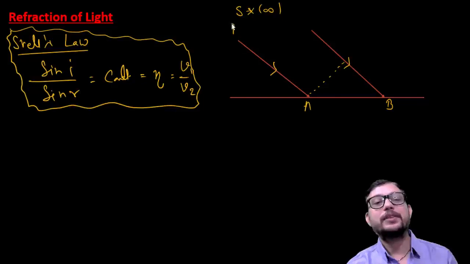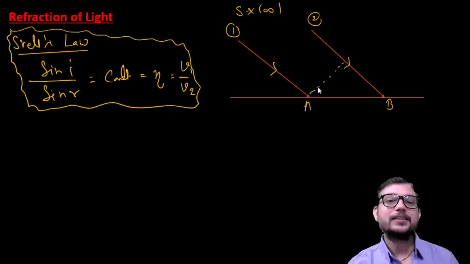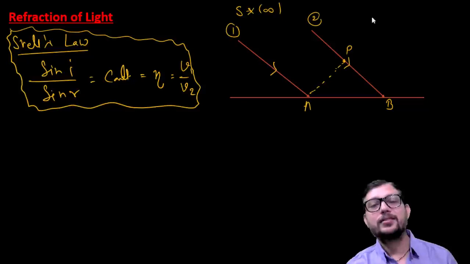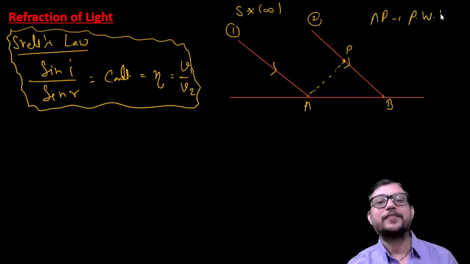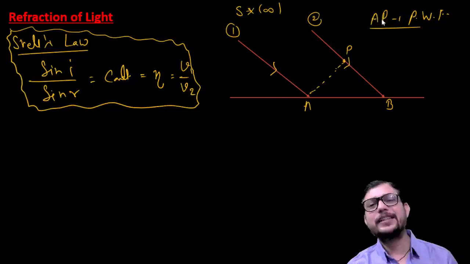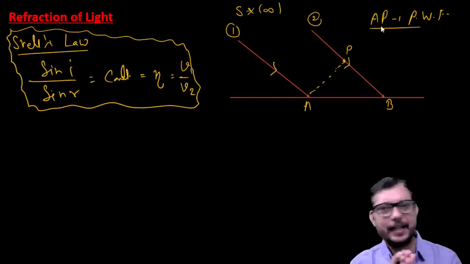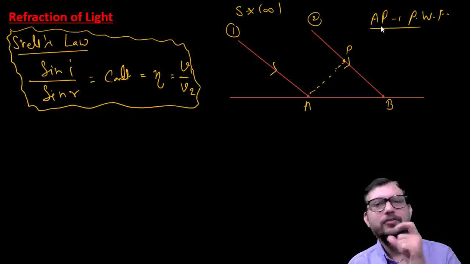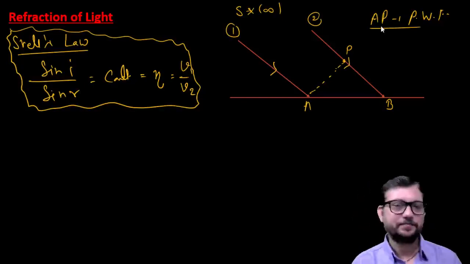This is the first wave, this is the second wave, and this will be the primary wavefront, which will be P. So here AP is the primary wavefront. This is quite similar to what I did in the previous derivation, the law of reflection.